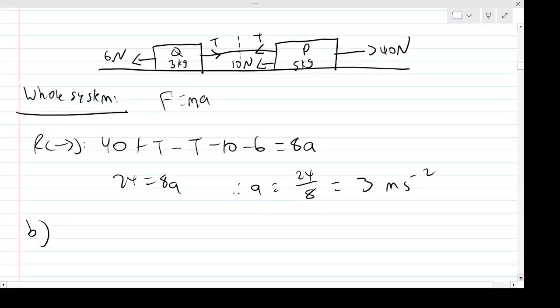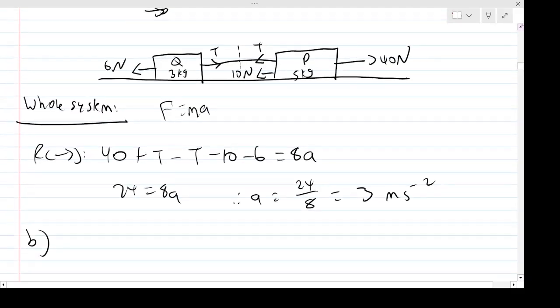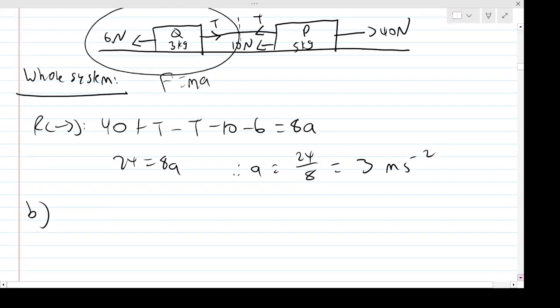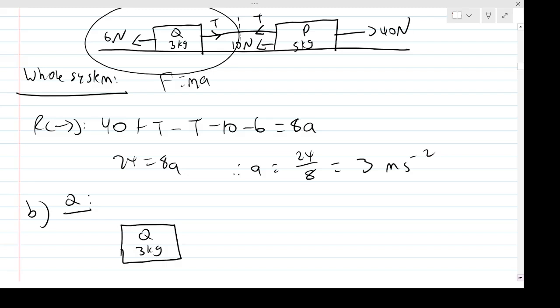Right, so if I then consider one of the particles, let's say Q. There's less going on at Q. Likewise with the last example, you can pick either particle, but you need to consider it separately. So particle Q here, which is 3 kilograms, is being pulled forwards by tension, and it's going backwards by 6 here.